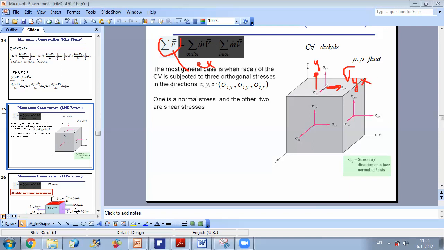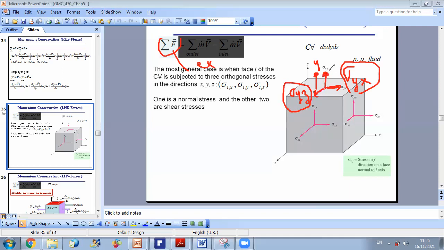Now this one, for example, we are on the same face. So the first subscript is y, while the second subscript represents the direction of the stress, which is z. So this is sigma yz. Now both sigma yx and sigma yz represent shear stresses, while sigma yy represents pressure forces or normal forces.